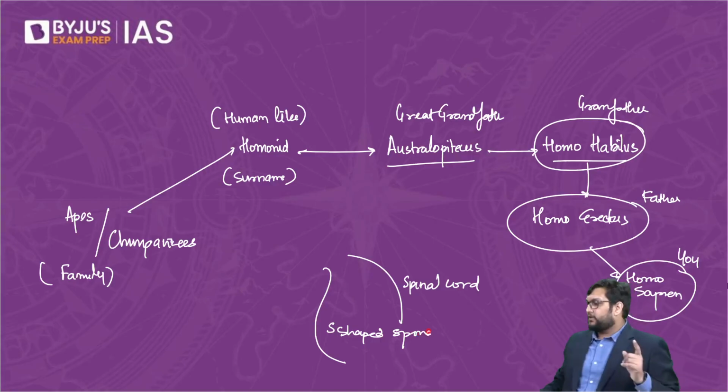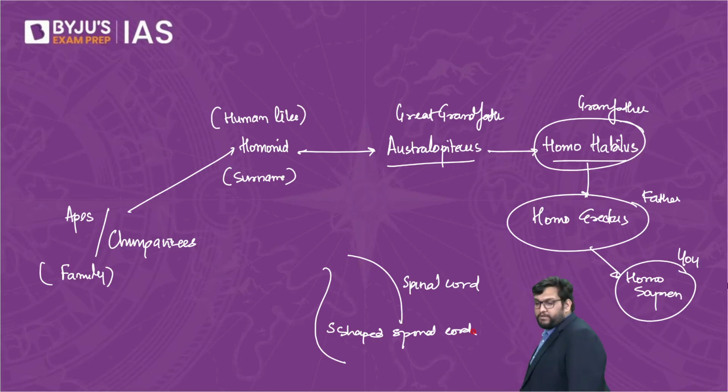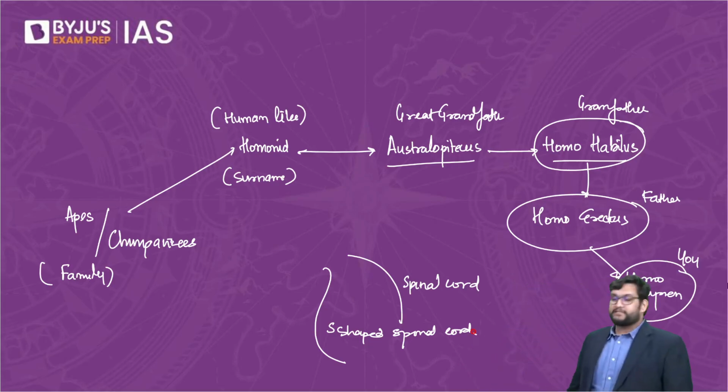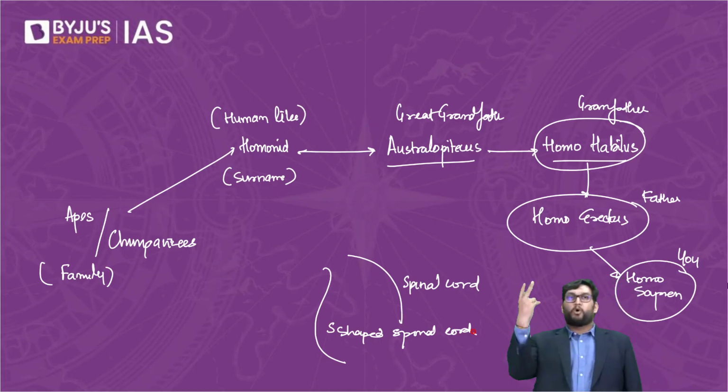And that species of humans is called Homo erectus. You stand erect because your spinal cord is S-shaped. And by Homo erectus, you become what is called bipedal. Bipedal means walks on two legs.